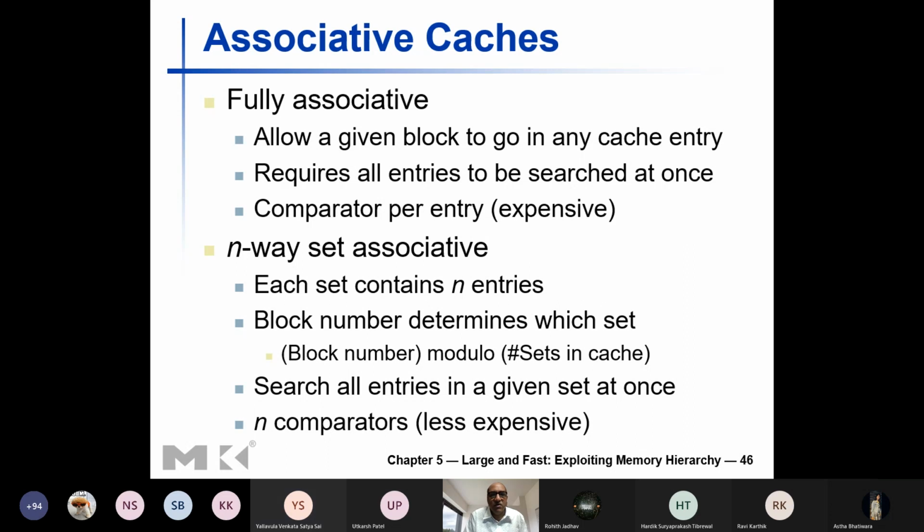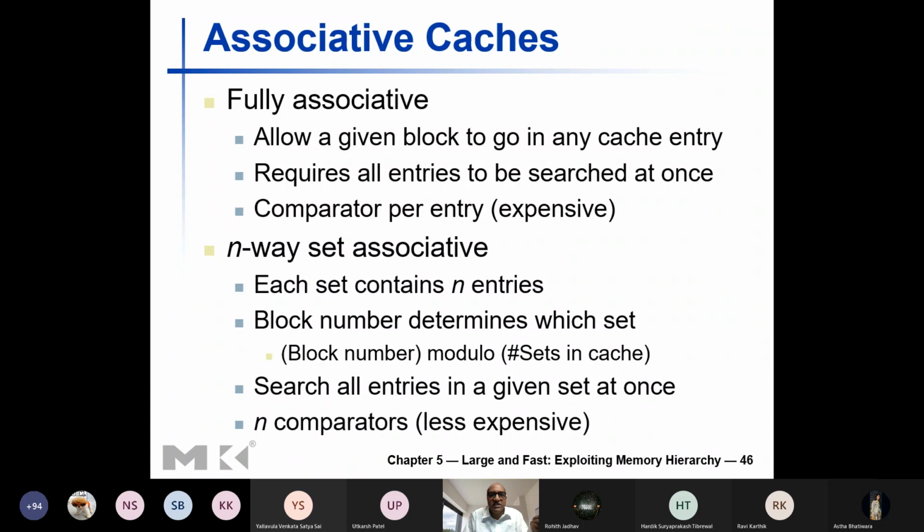So here you have some limited flexibility. Each set can hold 4 blocks, so multiple blocks in main memory can compete for a particular set.